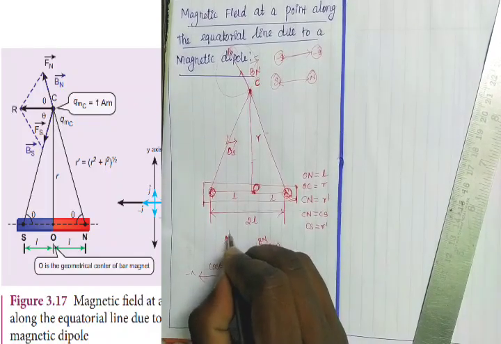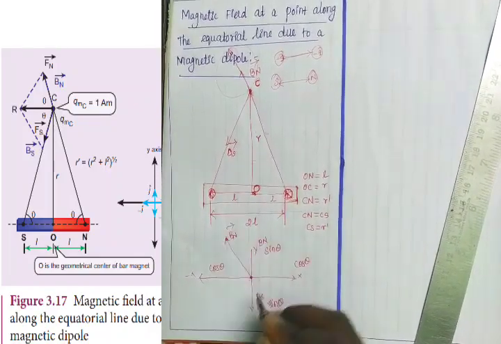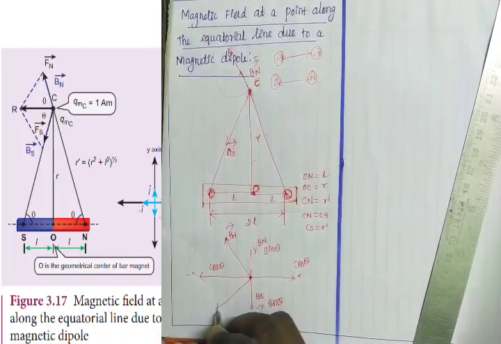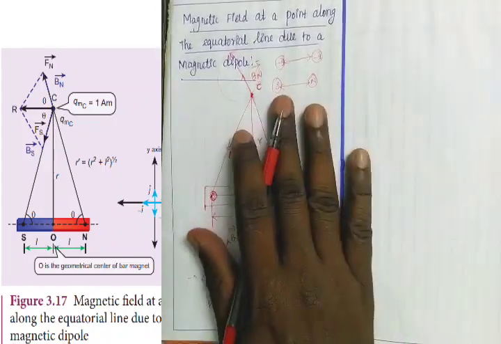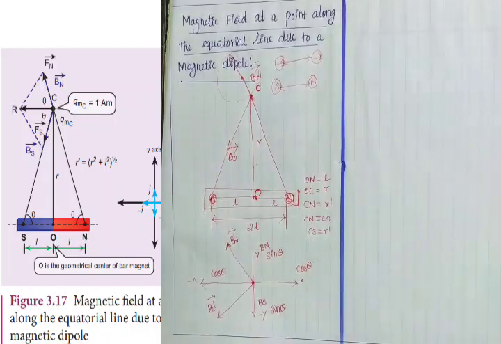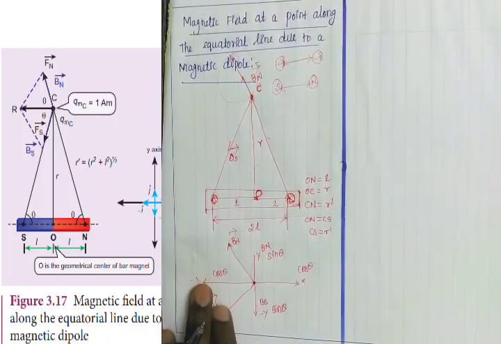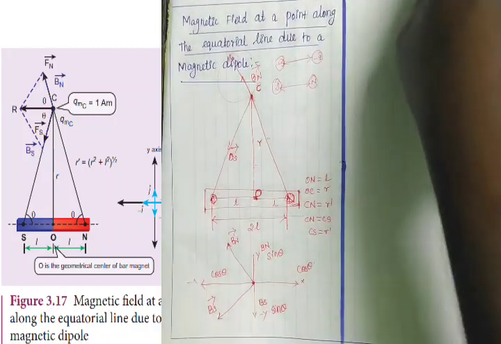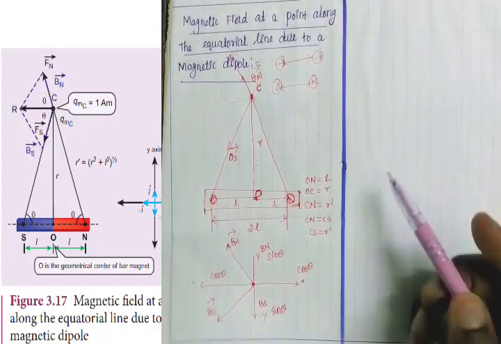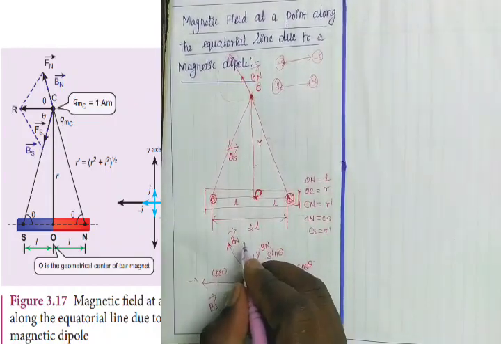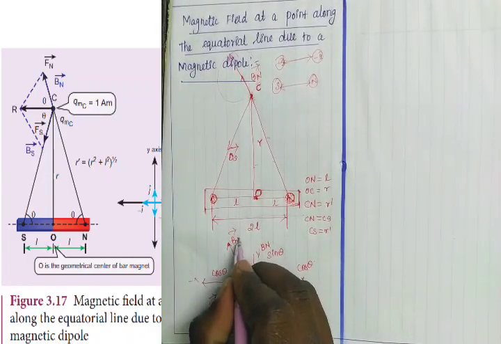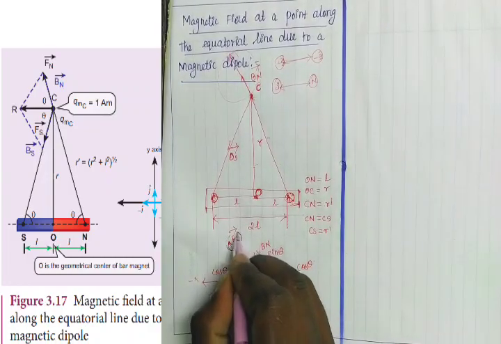This is B of N and this is B of S. Next, the magnetic field at C due to the north pole.